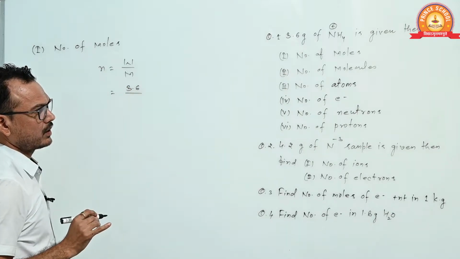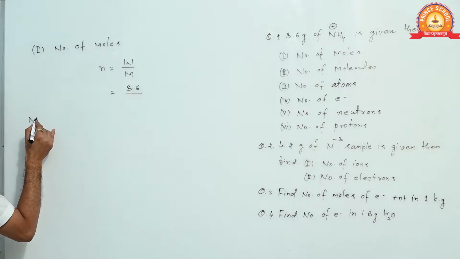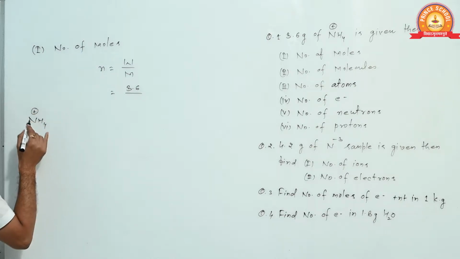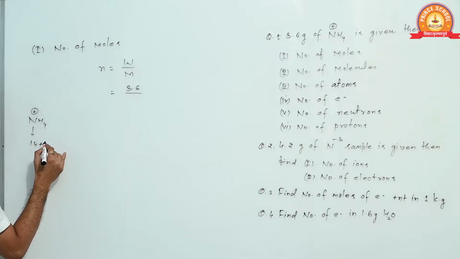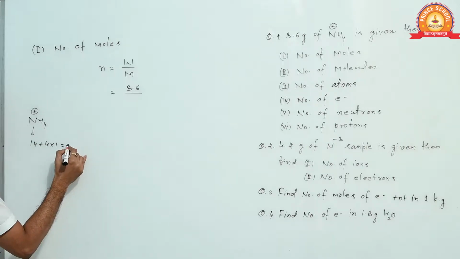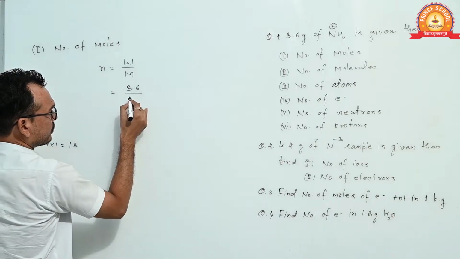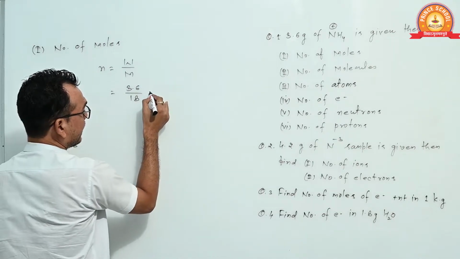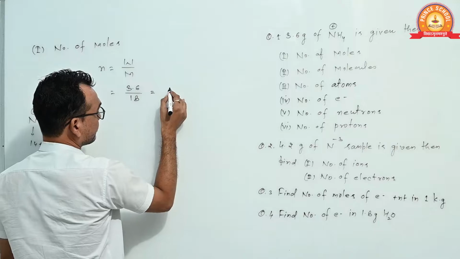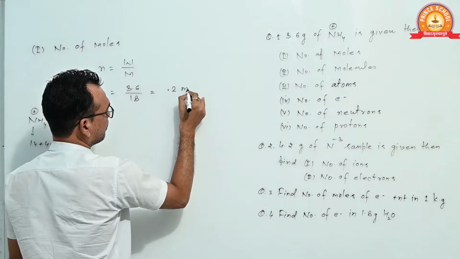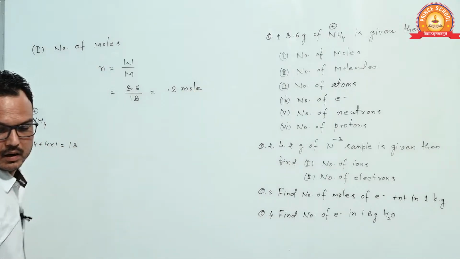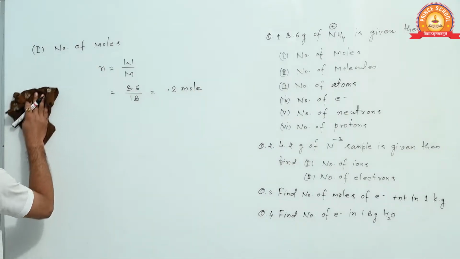And what is the molar mass of ammonium ion? For nitrogen it is 14, and for hydrogen 4 multiplied by 1, which is equal to 18. So divide by 18 and it gives 0.2 mole. This is our answer to the first option.